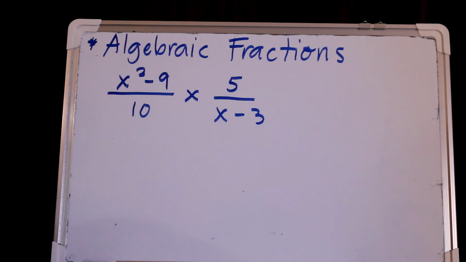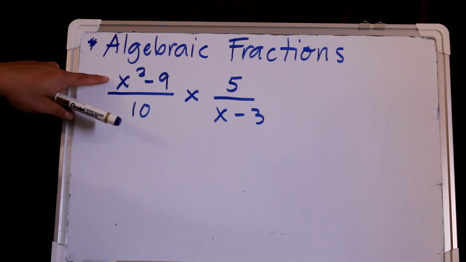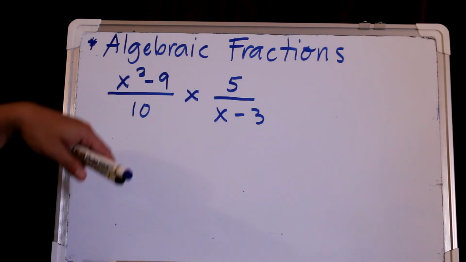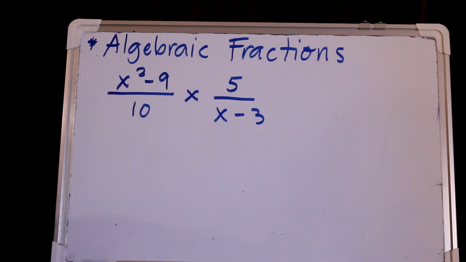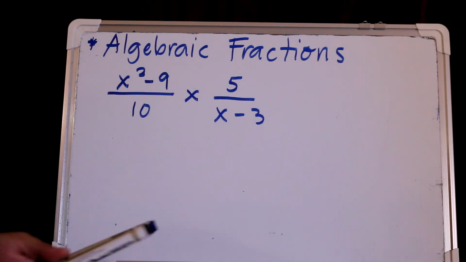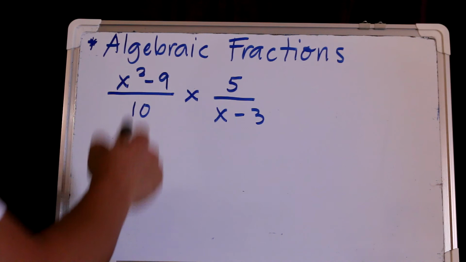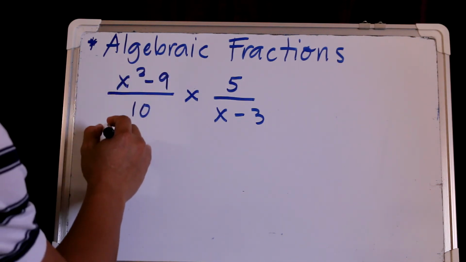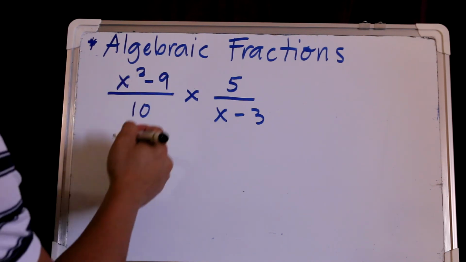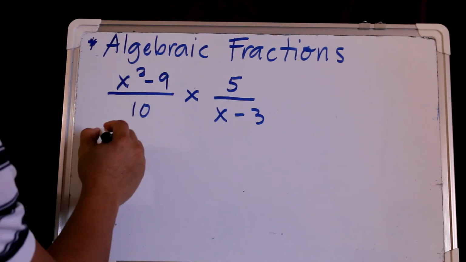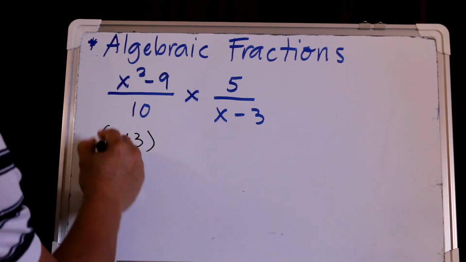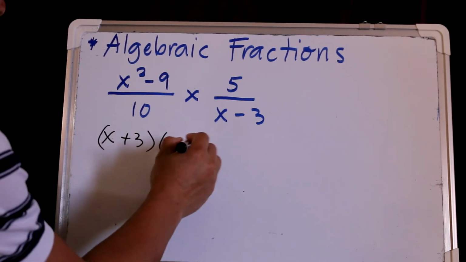So what we can do is we will start with this one. We will factor it out. Actually, factoring is one of the algebraic operations on algebraic quantities, you know. So we can factor that one out. We can have x plus 3 times x minus 3.